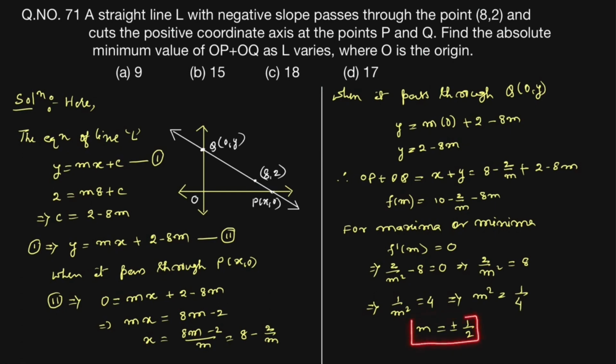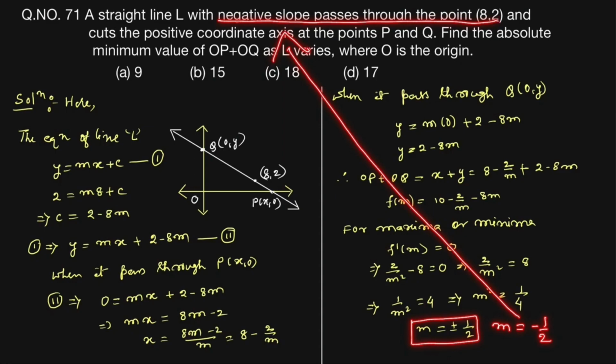Now from this we will take the value of m equal to minus 1 by 2, because it's given in the question negative slope passed through the point (8, 2). So m is equal to minus 1 by 2.